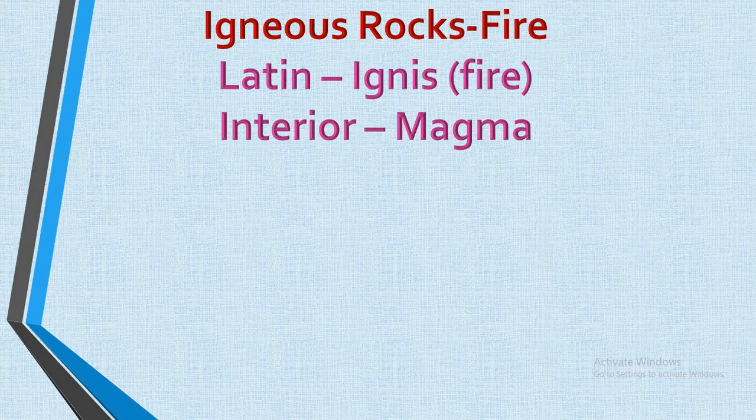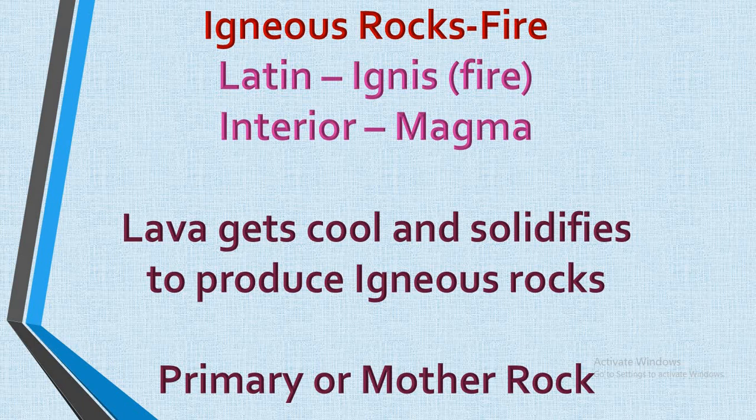The interior of the earth contains magma. What is that magma? It's a very hot material which reaches the surface with the lava, that gets cool and solidifies to produce igneous rocks.